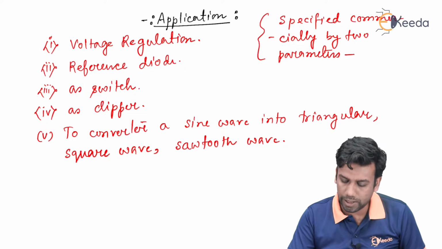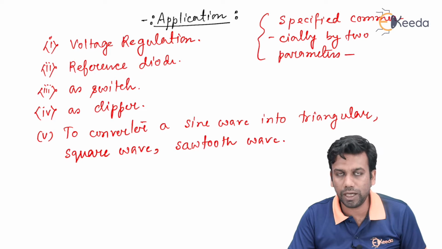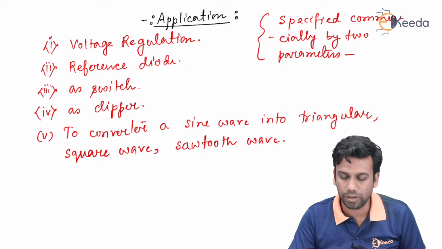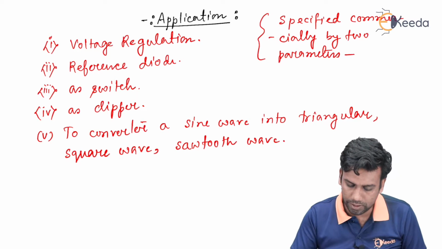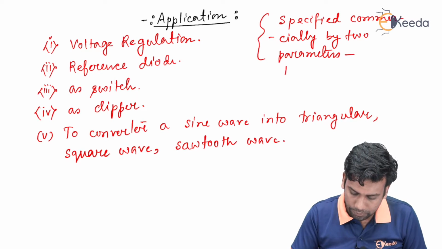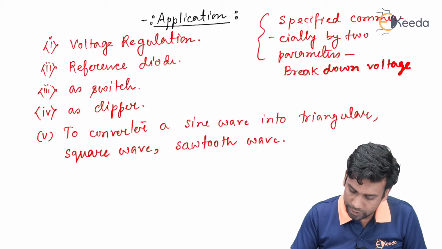If I go to the market and buy a Zener diode, then we have to tell these parameters to the shopkeeper so that they can provide the specified Zener diode. The first one is the breakdown voltage, denoted by Vz.